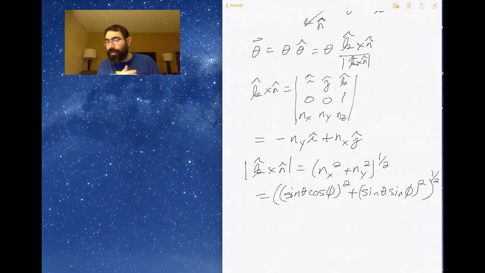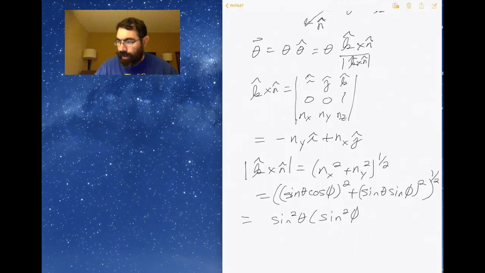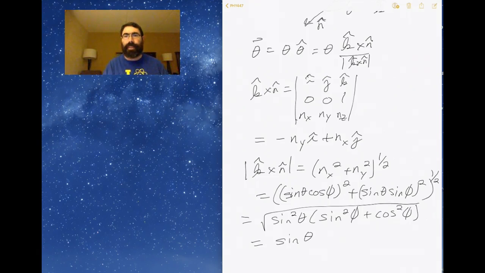If I factor out sine squared theta, I get sine squared theta times sine squared phi plus cosine squared phi, square root of all that, which gives me sine theta. So I have to divide by sine theta.